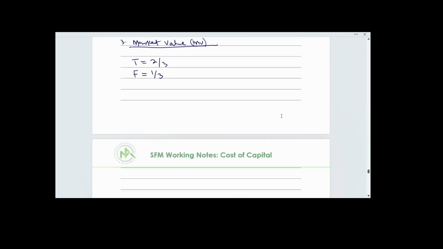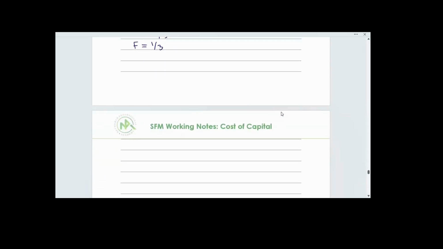So that will now take us to step 4. Step 4 says we should calculate the beta asset of the combined.